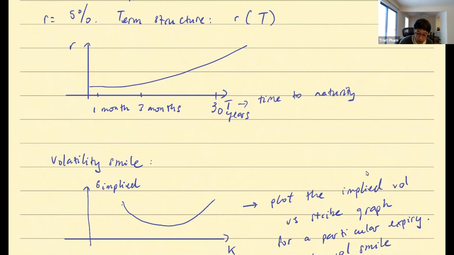For example, the term structure graph usually goes like this, but sometimes it becomes an inverted shape or something like this. Then that tells something different, that something unusual is happening in the bond market. So traders and market participants actively watch this kind of graph, this kind of shape, to see if something fundamental is changing.